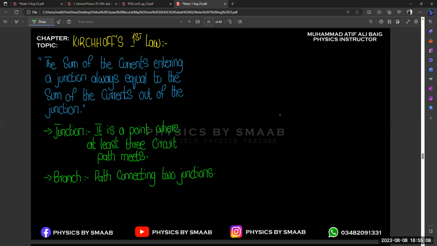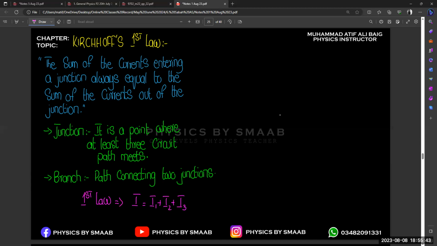And according to the first law of Kirchhoff, the statement is very simple. Let's suppose current is moving from one point and then it divides into three or more parts, so it will be equal to the sum of all the currents, I1, I2, I3, like this.